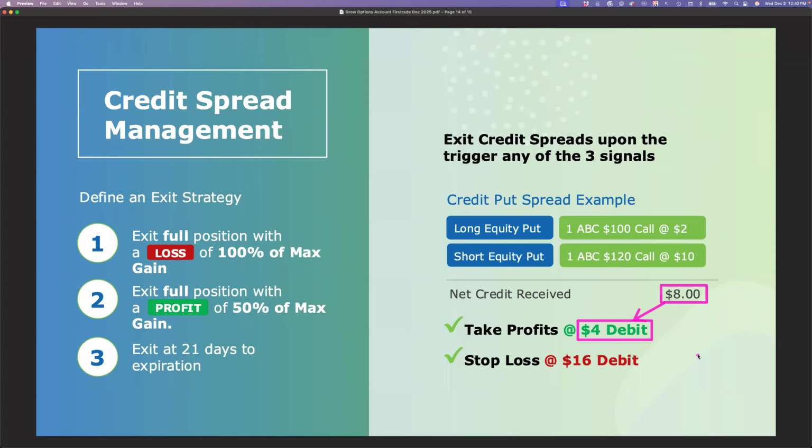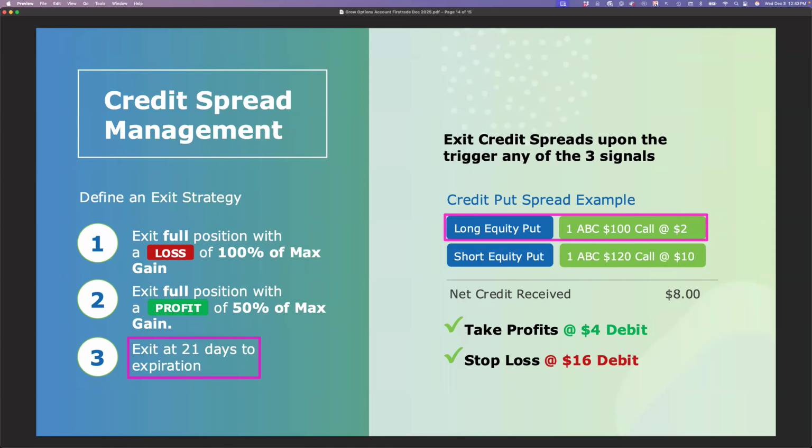And the third rule of thumb when it comes to credit spreads is that you want to exit at 21 days to expiration, because you're selling an at the money put option or an at the money call option. Those have higher risks of early assignment. So the way to avoid early assignment is to make sure that you roll these well before expiration. These are typically strategies you don't want to hold into expiration.